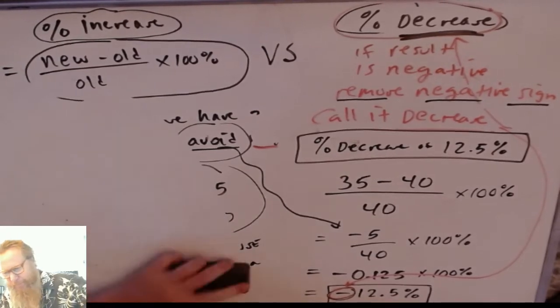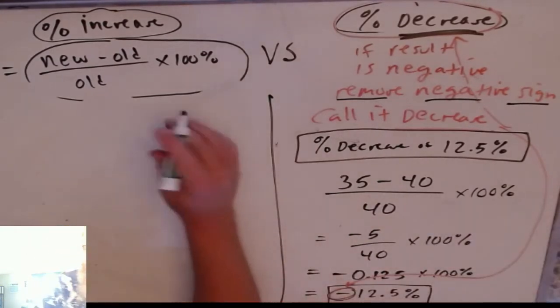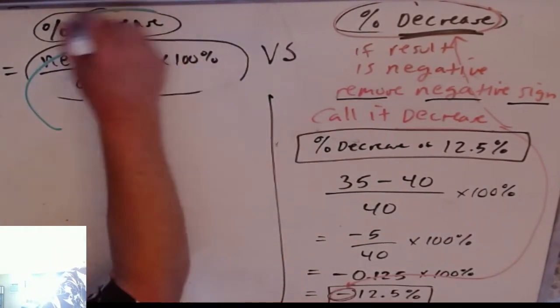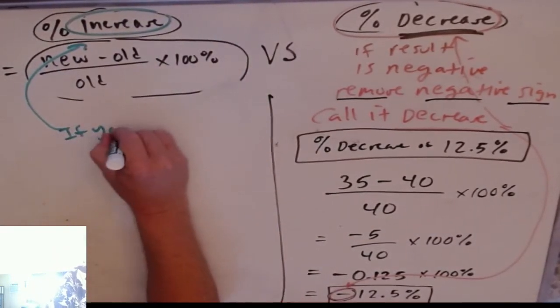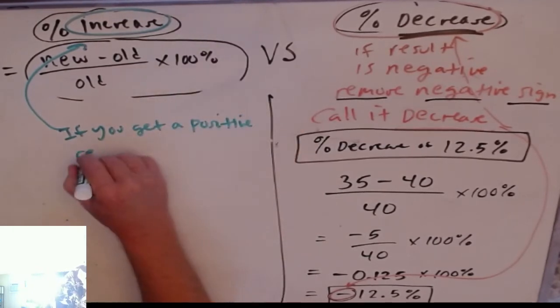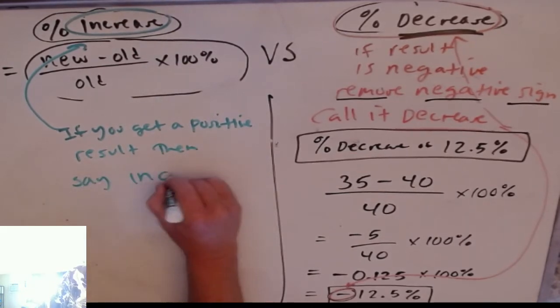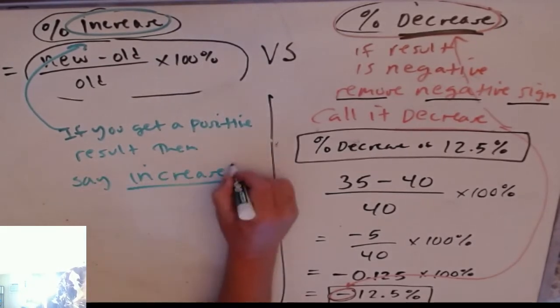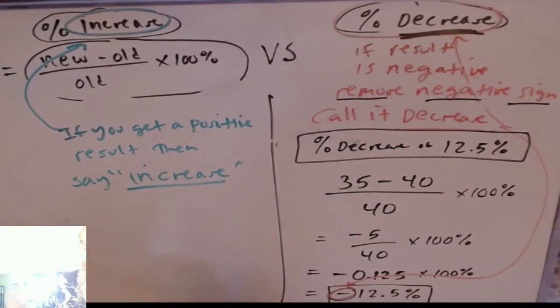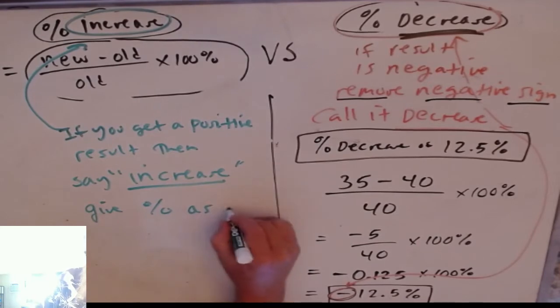All right. If you get a positive result, then say increase, and give the value as is.